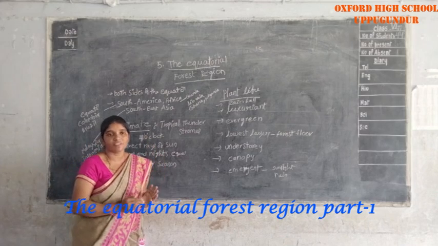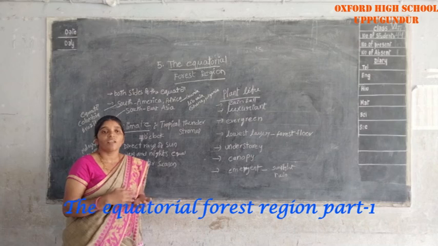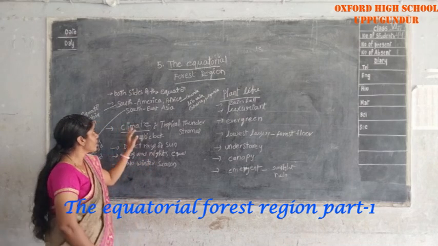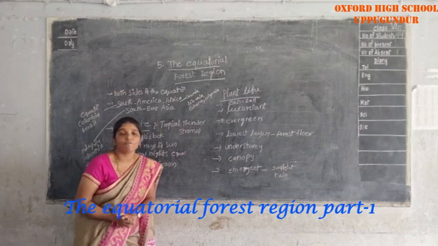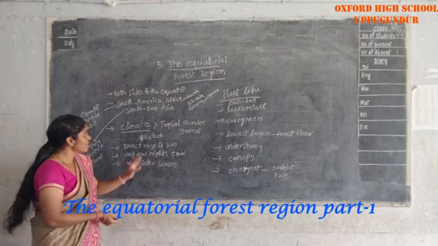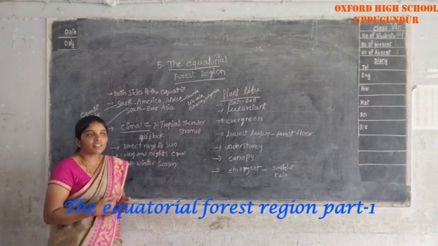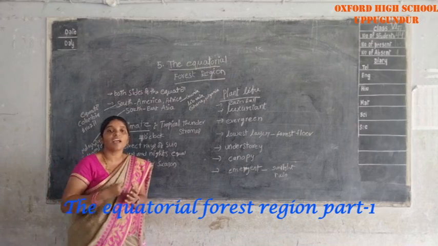This equatorial forest region is located on both sides of the equator. Now we discuss the climate of the equatorial forest region. As we already said, at the equator and near the equator the sun's rays are directly overhead.